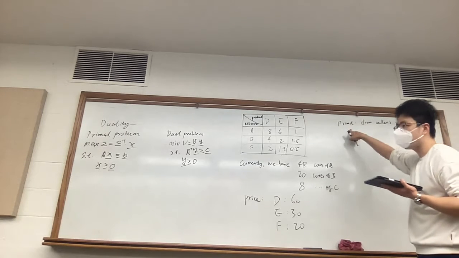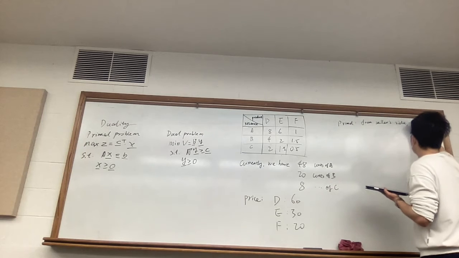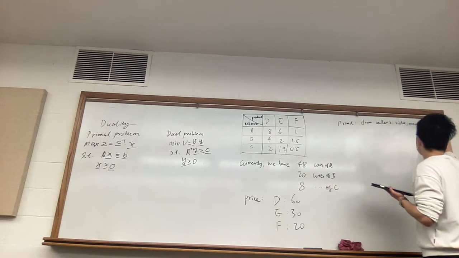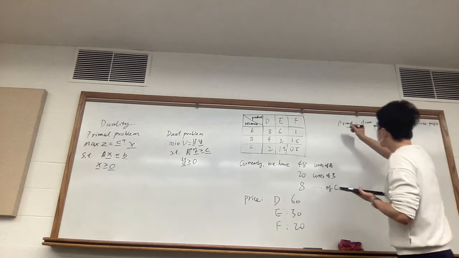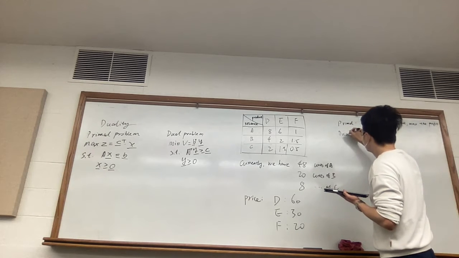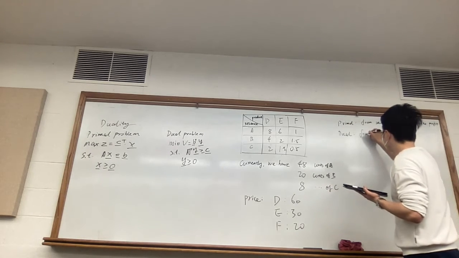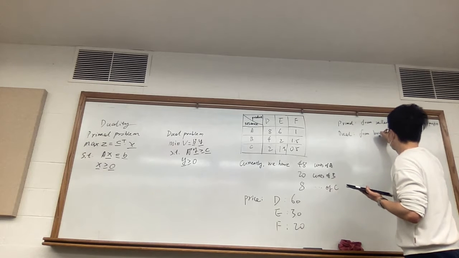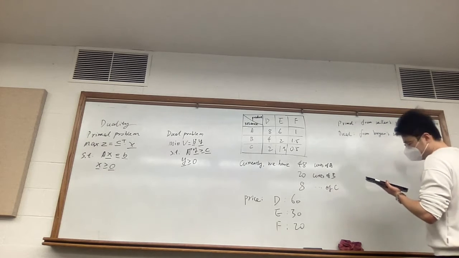When you construct the primal problem, you are thinking from the seller side, and you want to maximize the profit. And there's also a dual problem, which is equivalent, but it is from the buyer's side.